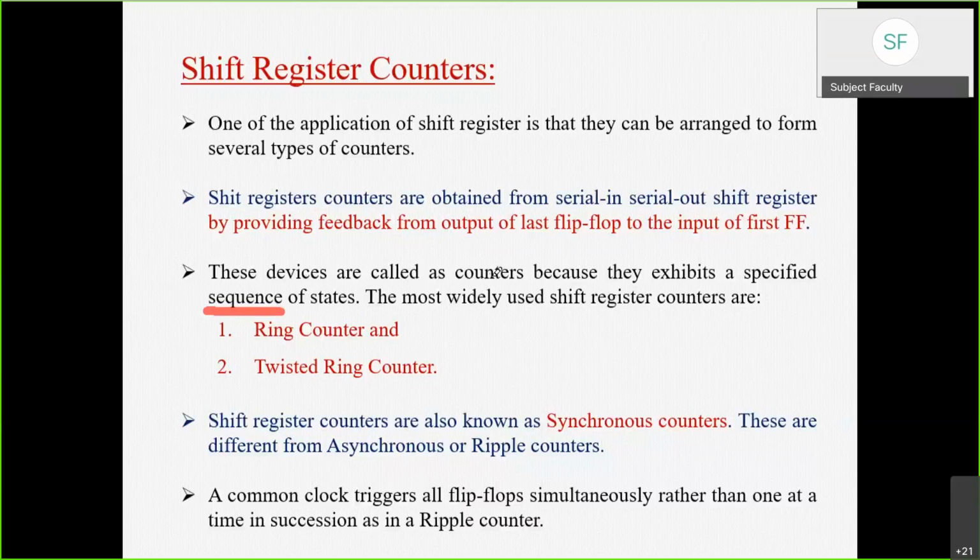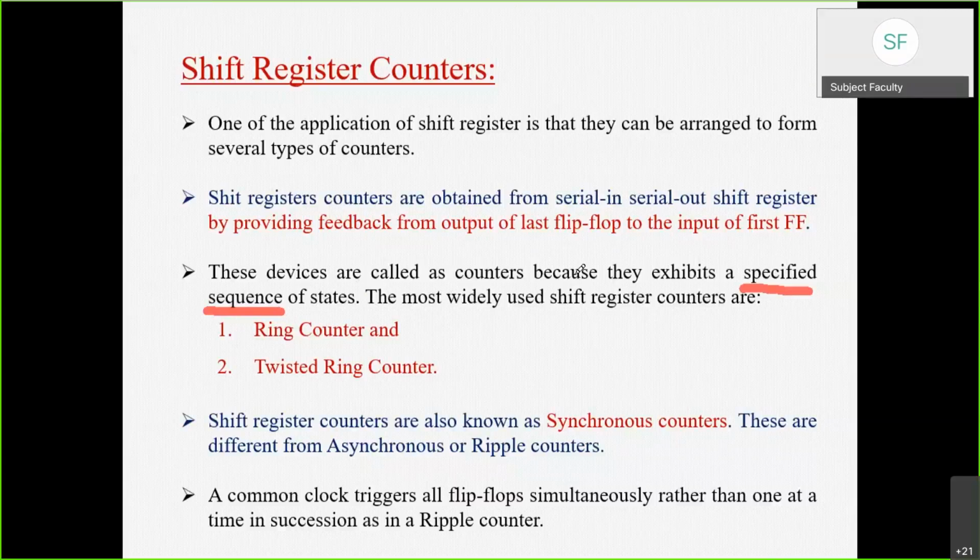But here these devices are called counters not because of that. They are called counters because they exhibit a specified sequence of states. That means one unique state will be there and these states will repeat themselves after a period of time. Hence it is known as a counter. We will see which are these sequences of states.